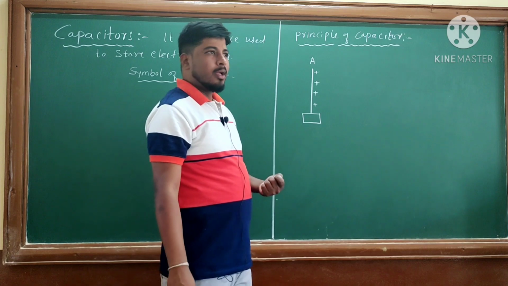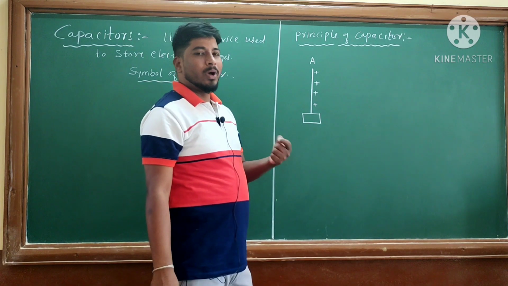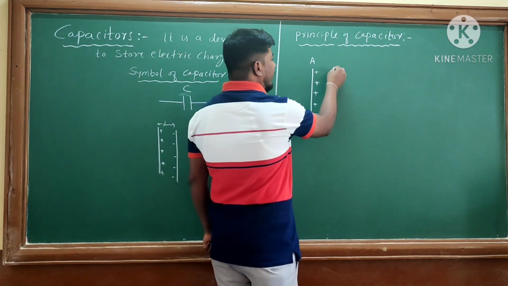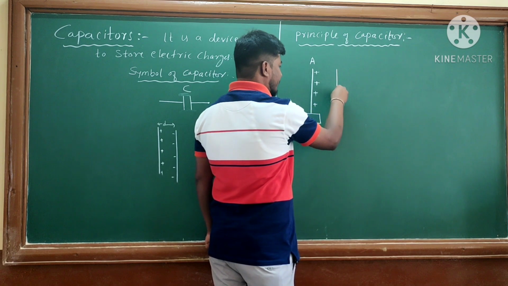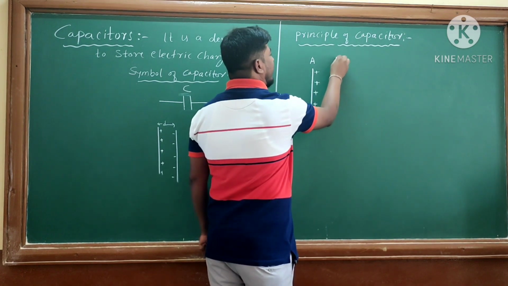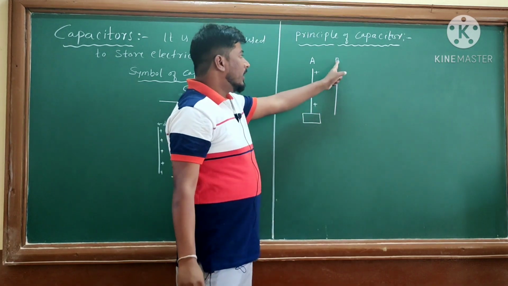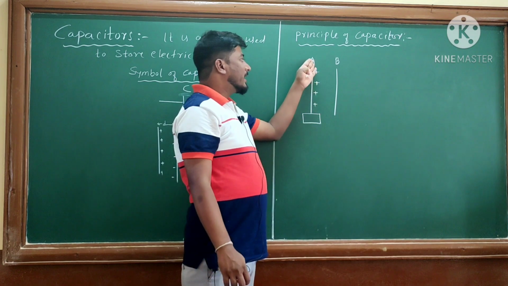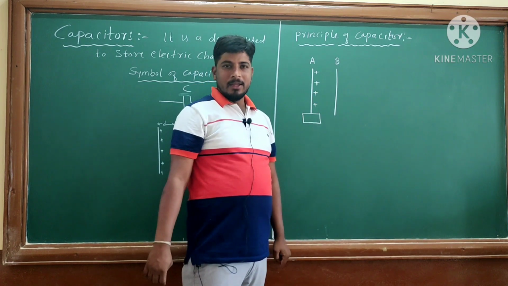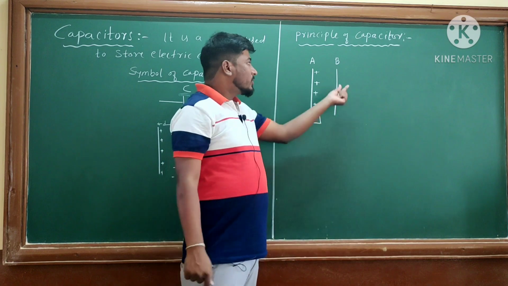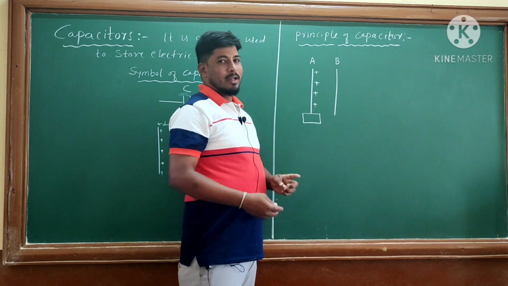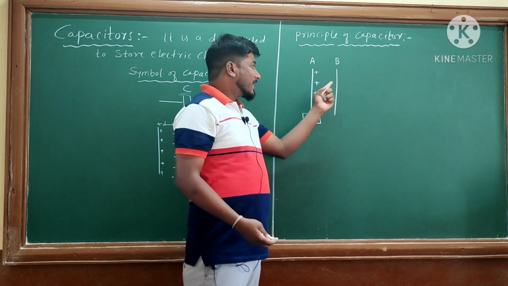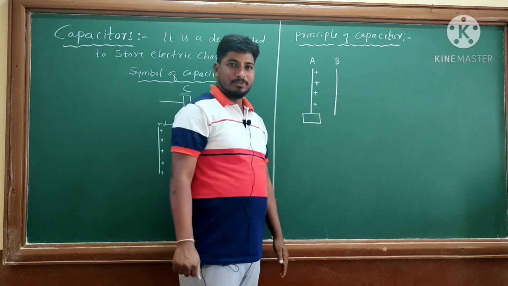What I will do is bring one neutral or uncharged conductor close to it. I will call it B. B is the uncharged conductor placed close to the conductor A. Then what happens? The charges present inside the conductor experience a force of attraction as well as repulsion.